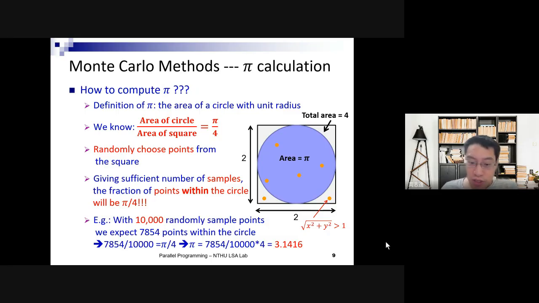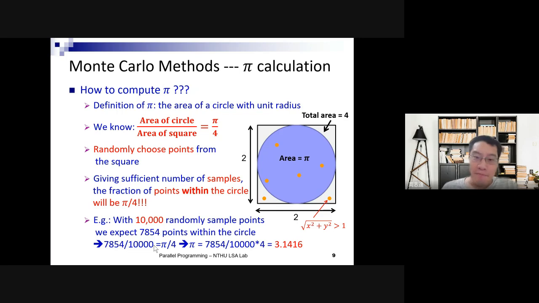The second advantage is that the accuracy or precision of the result depends on the number of samples. For most Monte Carlo methods, the result will be more precise when you generate more sampling points. That means you can trade computation for precision. If you have abundant computing power, you can just keep sampling and keep improving your results.